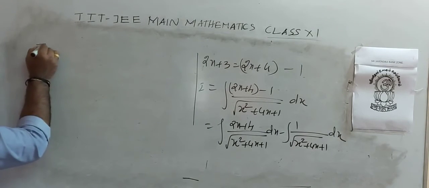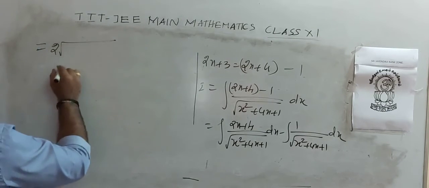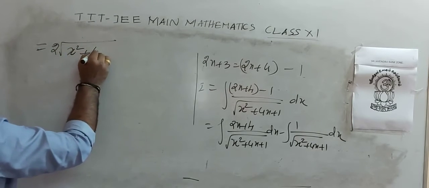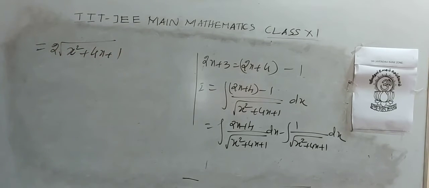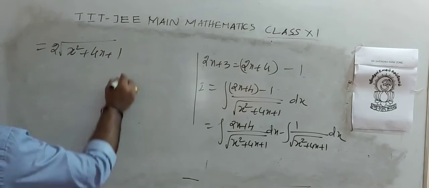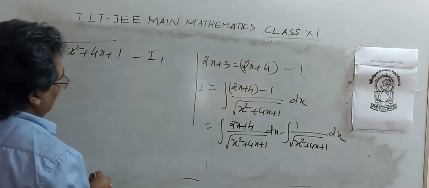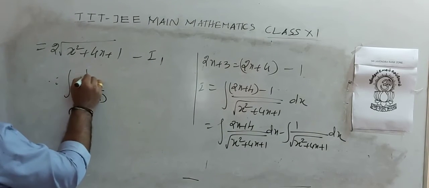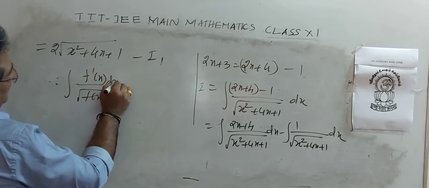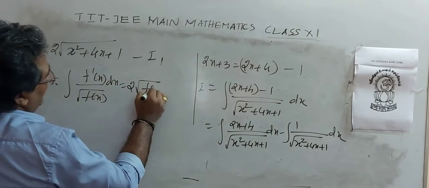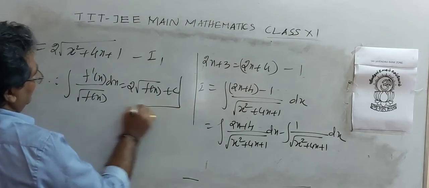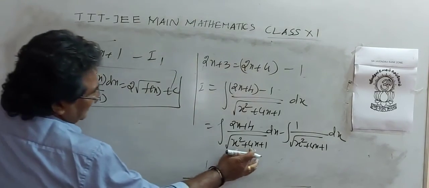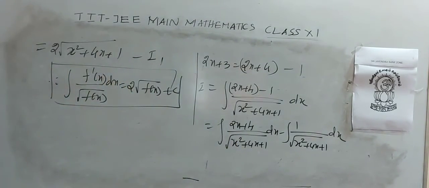So twice root of x square plus 4x plus 1 minus I1, since root f of x into f dash of x dx equal to twice root of f of x. The differentiation of denominator exists in the numerator.